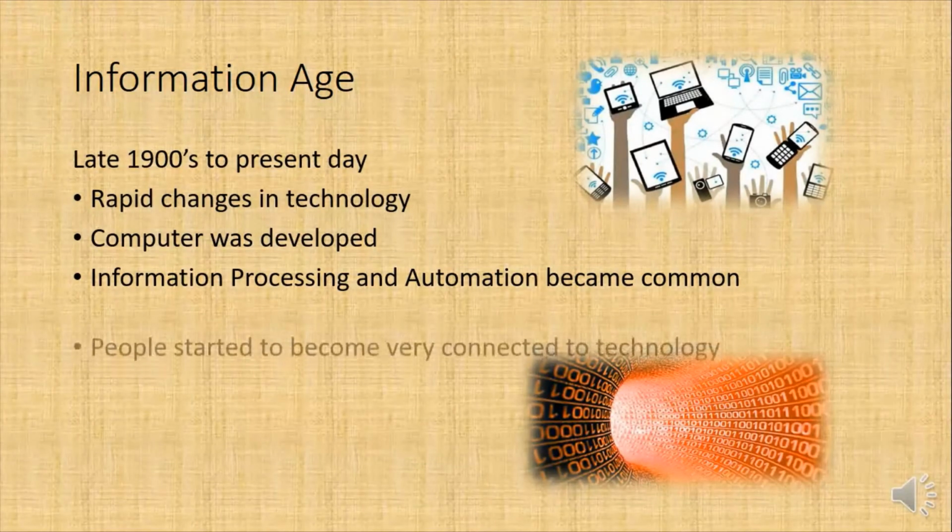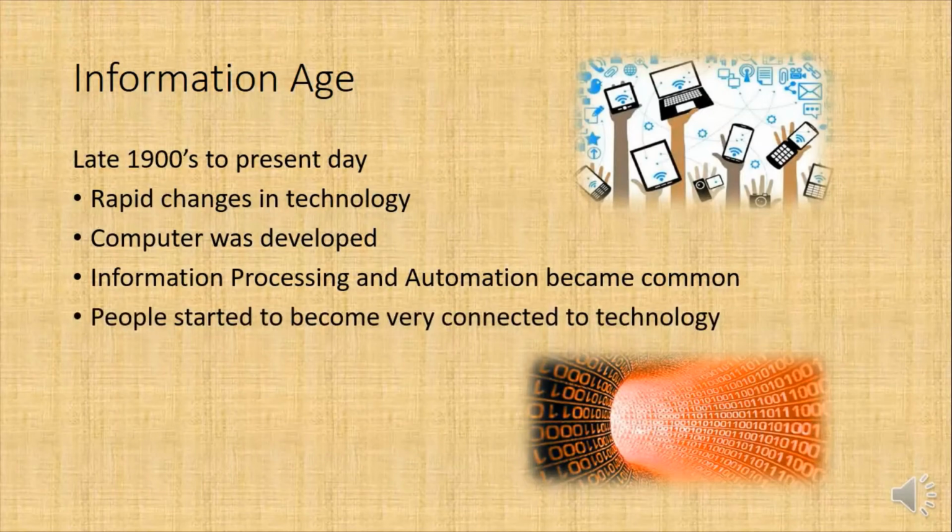that you need. In the Information Age, people also became very connected to technology. We know this is true because each of us is very connected to something that humans make. Remember, technology is things that humans have created to solve a want or a need.